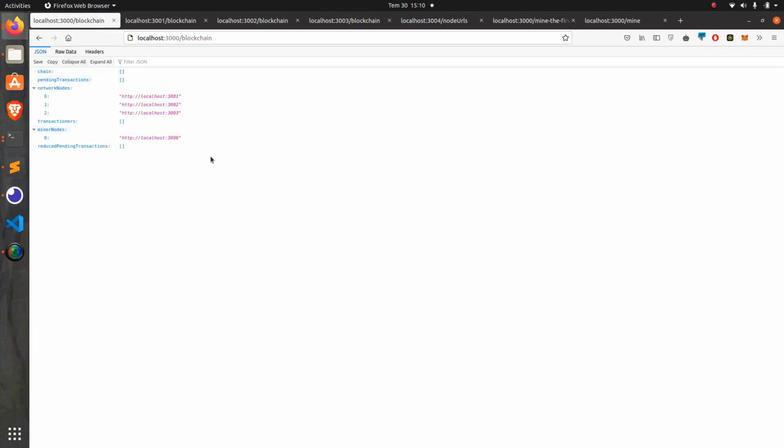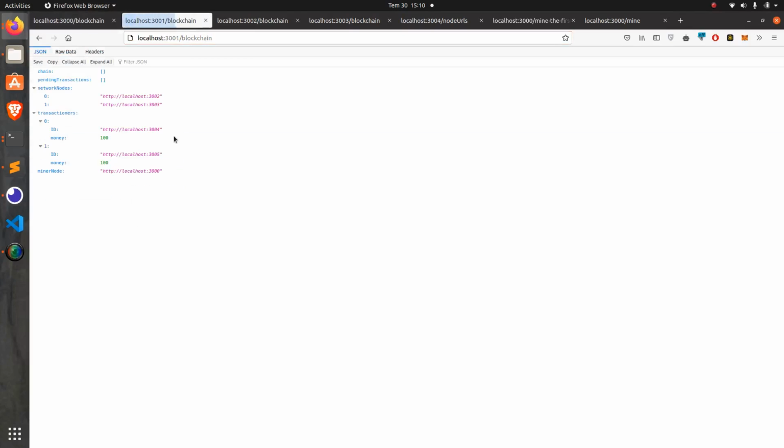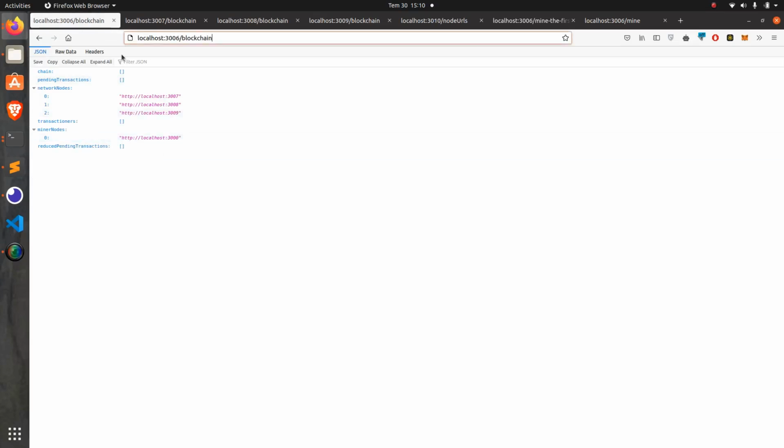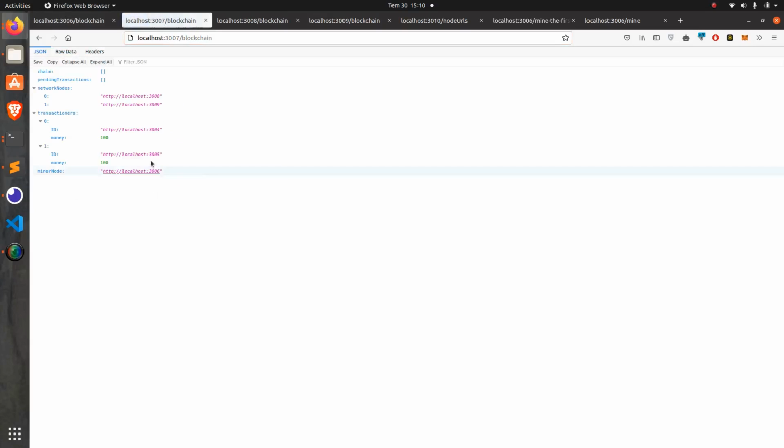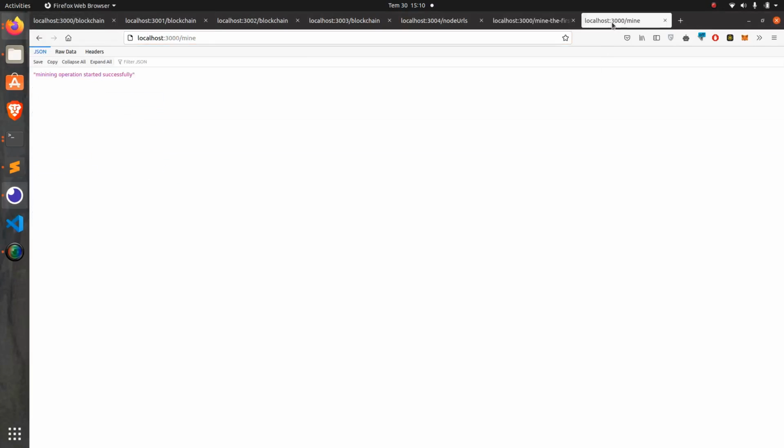Now, this miner node gets the transactioners and also sends its nodes and also sends the other miner nodes in the network, and this miner node also sends their transaction nodes these transactioners' data.